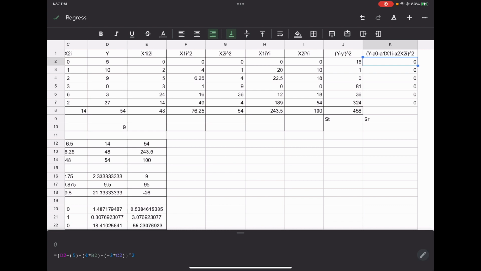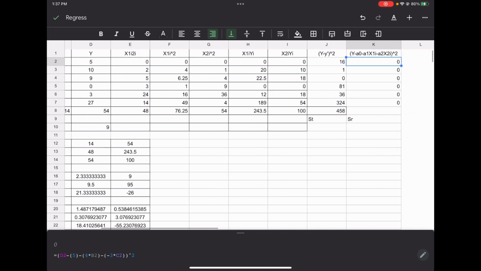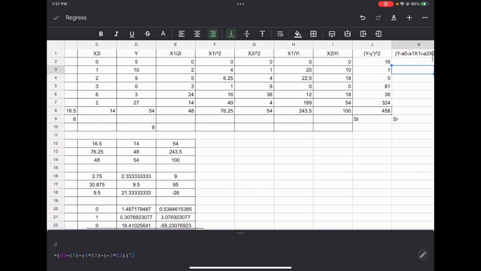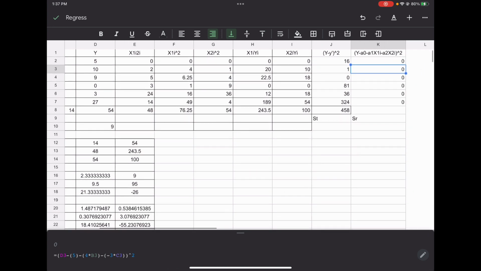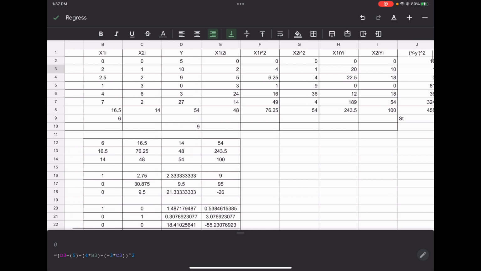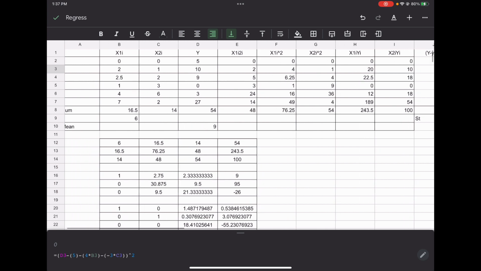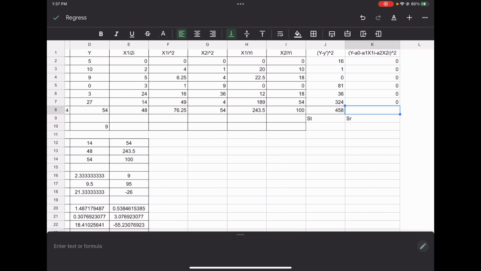X sub 1 and x sub 2 are both 0, so therefore that will be 0. About this one, y is 10 minus 5 is 5. And then a sub 1 is 4, times 2 is 8. 5 minus 8 is negative 3. Okay, so I guess the answer there would be 0.